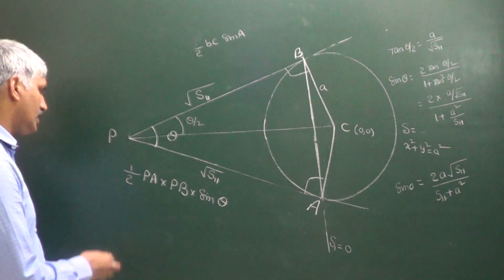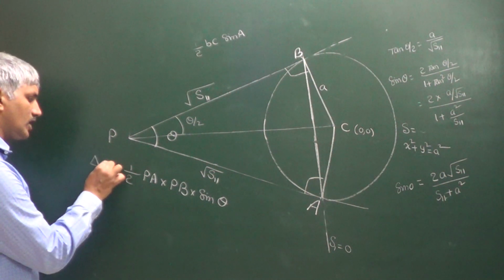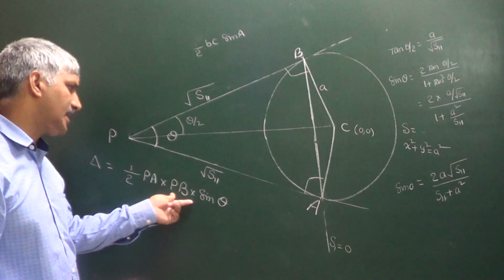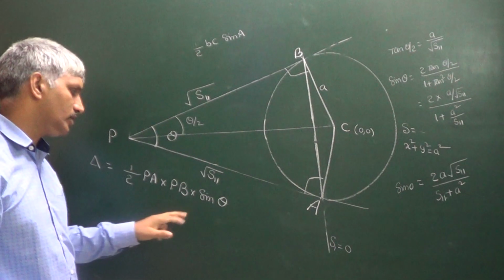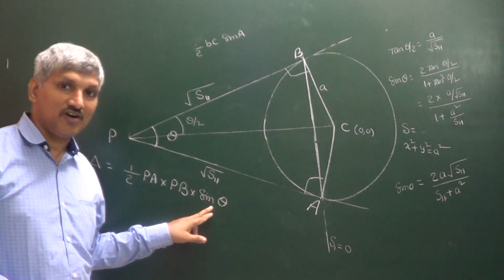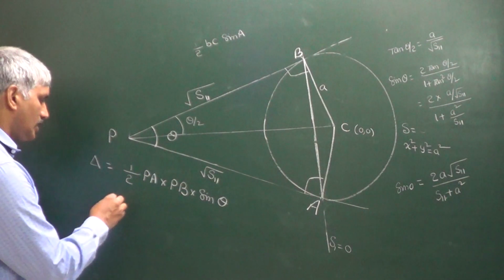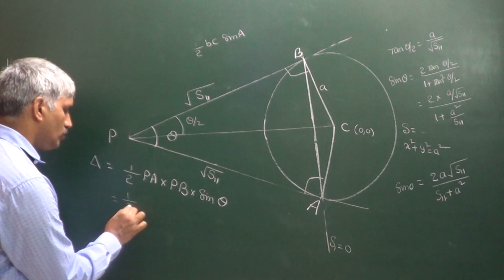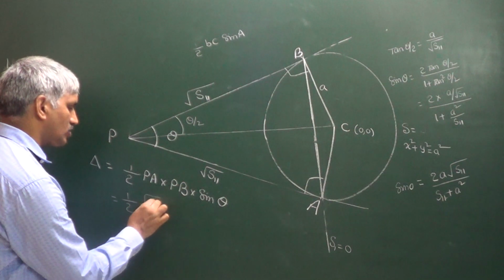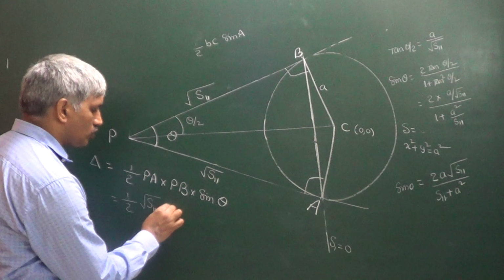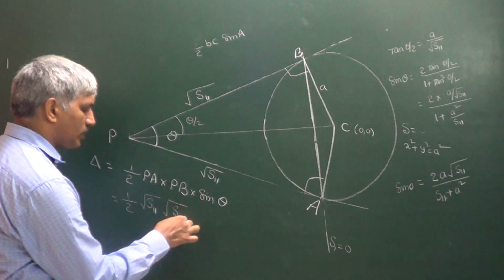Area of a triangle PAB is equal to delta. The delta is equal to half into product of the sides PA into PB into sin theta, where theta is the angle between the sides. That can be written as half into, you know, PA is equal to the length of the tangent, that is root over s11. PB is also the length of the tangent, that is root over s11.